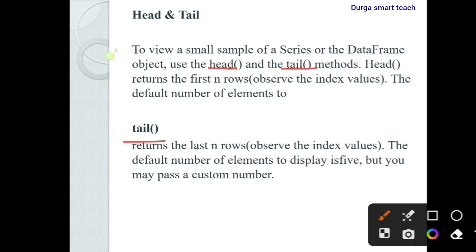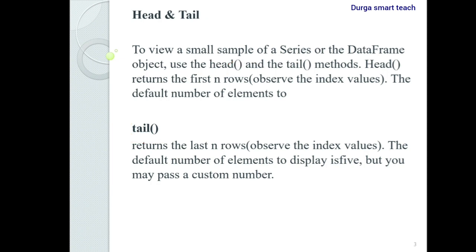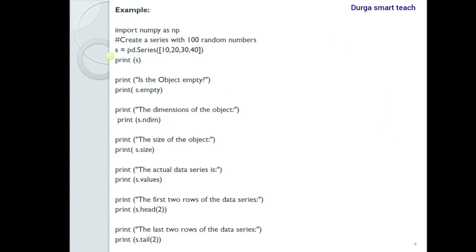If we don't specify the number of rows for head or tail, head will return the first 5 rows by default, and tail will return the last 5 rows. Let's see the example.